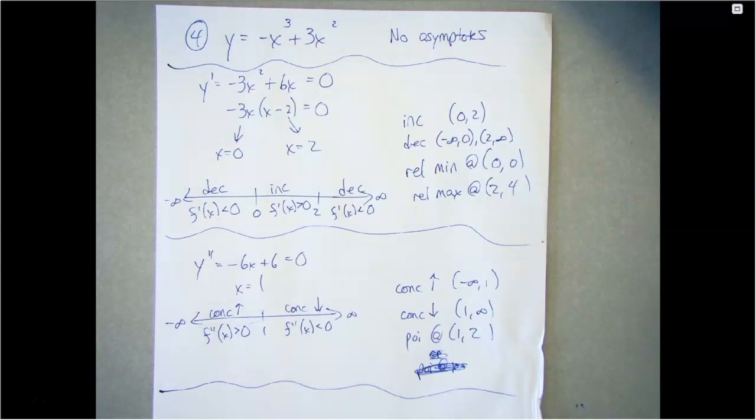So we're decreasing from negative infinity to 0. We put decreasing there, and then increasing from 0 to 2.